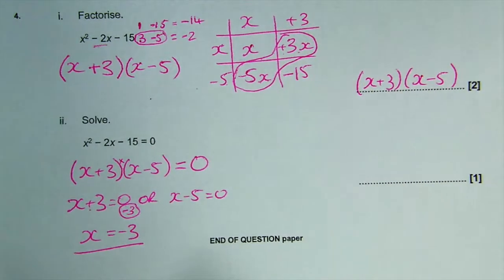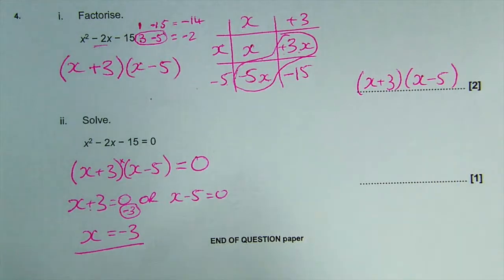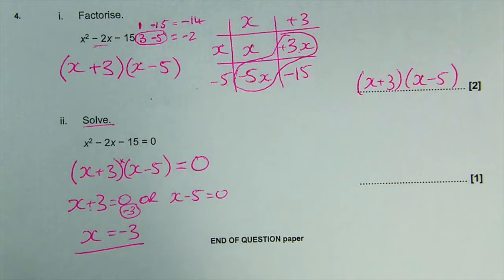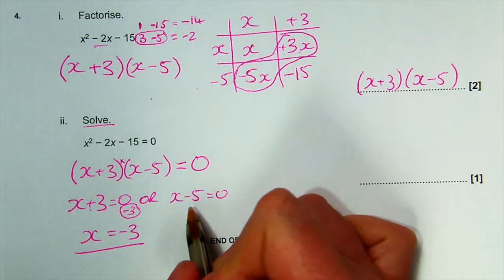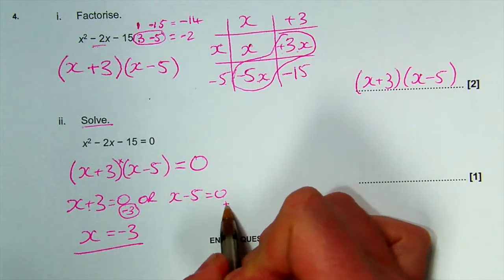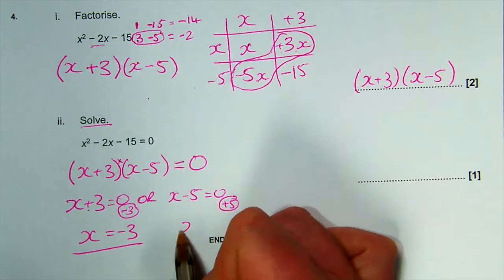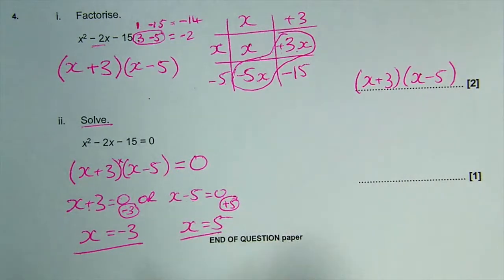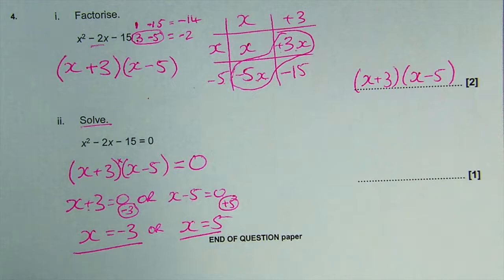So x equals minus 3 is one of my answers. When we solve, remember, it means find the number that goes where the letter is. I can have this as an answer. Minus 5 goes over to be plus 5. And 0 plus 5 is just 5. We have a second answer. The answer is x equals minus 3 or x equals 5.